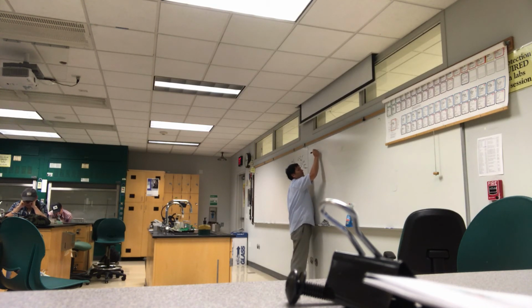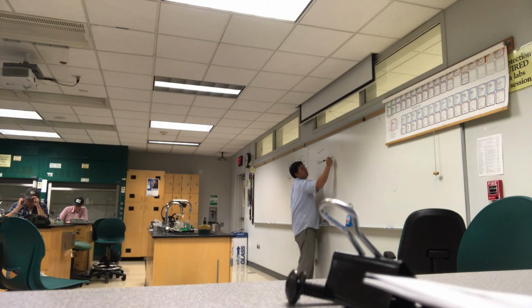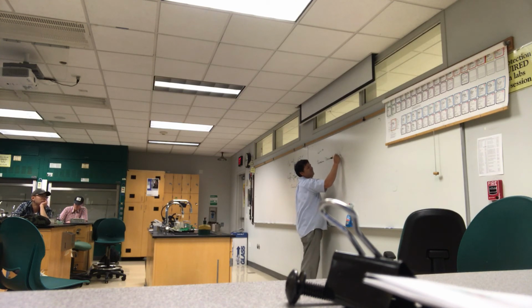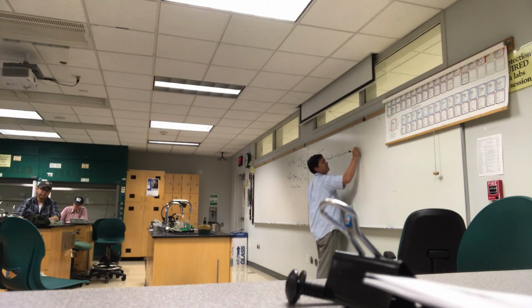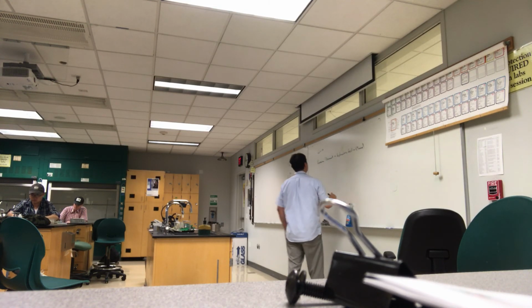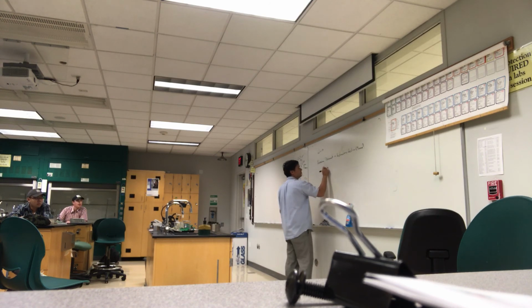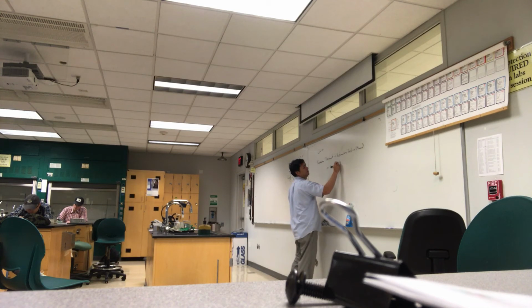And so this quiz is a reaction. We're going to take some potassium dichromate, some hydrochloric acid, and some ethanol. If I mix these together, I want you to predict the product, if any.